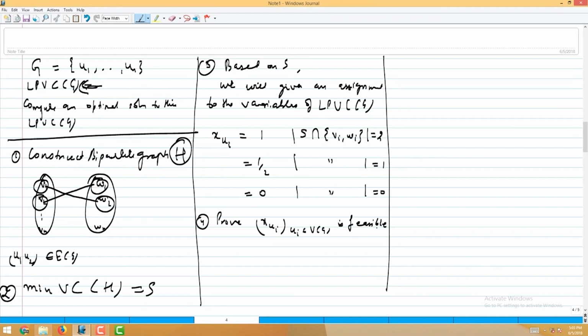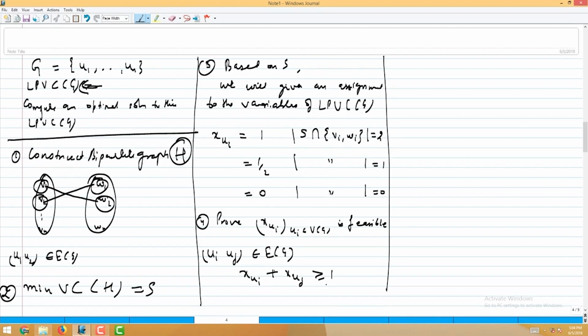Okay. Now I'll prove that this is feasible, and I want to prove that this is an optimal assignment. For that, I'll first prove that this is in fact feasible. That means it satisfies all the LP constraints. So prove that this x of ui assignment is feasible. Why is it feasible?